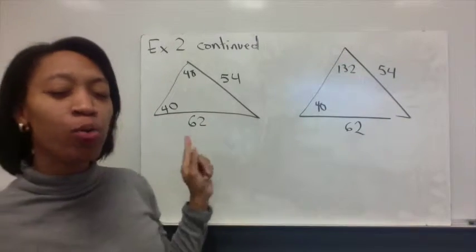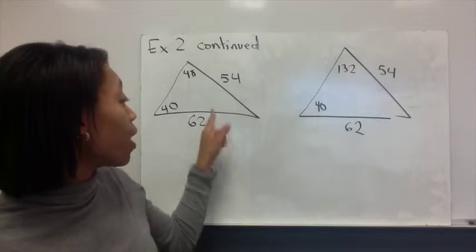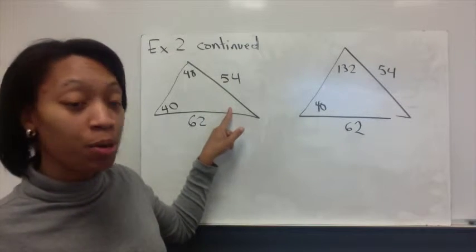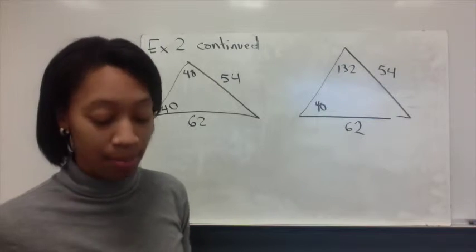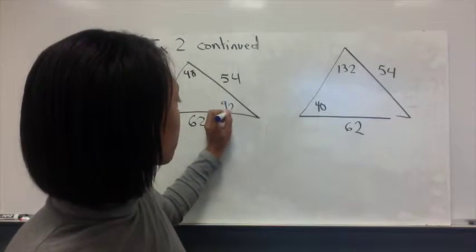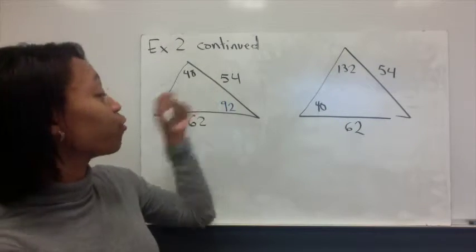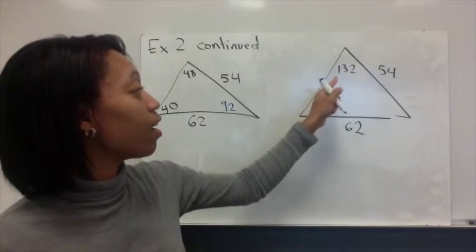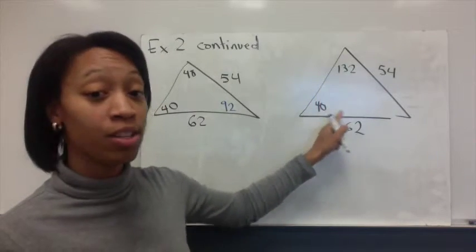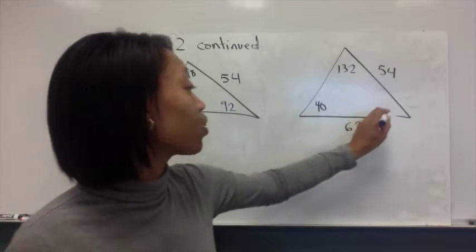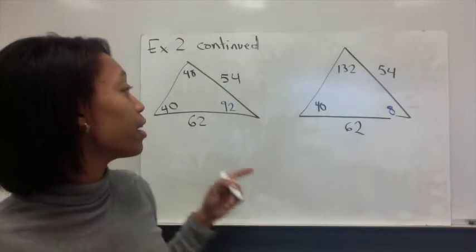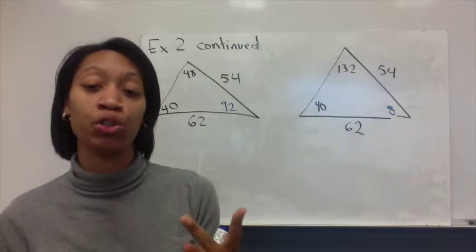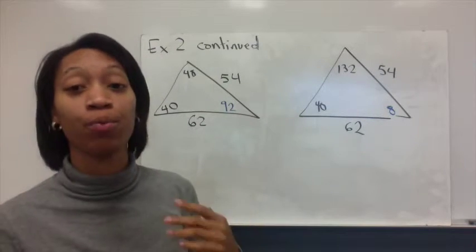Subtracting from 180, is there a number that would make this triangle add to 180? Yes, this corner must be 92. So this value, 48, works. 132, does this one also make a triangle? Well, this corner would have to be 8. So yes, this one also works. This time we're going to have two solutions because both possibilities work.